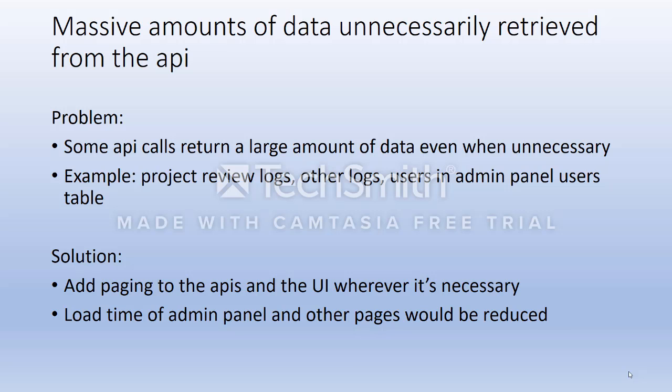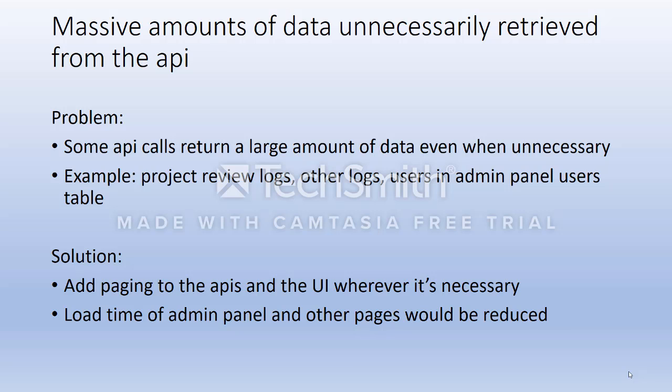Same thing can be done with, for example, the users in the admin panel. As a matter of fact, it's easier in this case because you can make it so that only active users show. And then again, give an option for the admin to see all the users in the system, but that would be a rarely used option. So in most cases, the admin panel users table will load really fast, which is what we're after here.